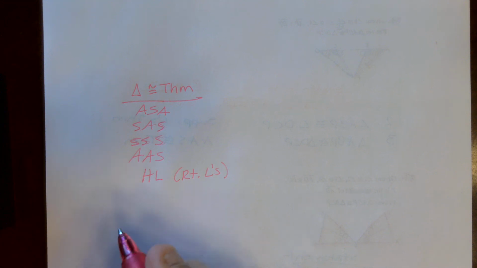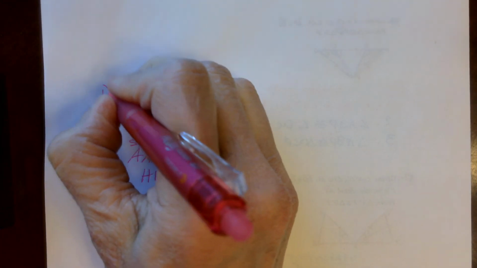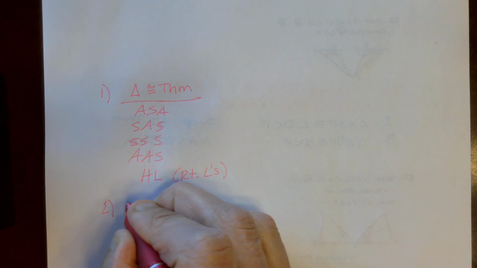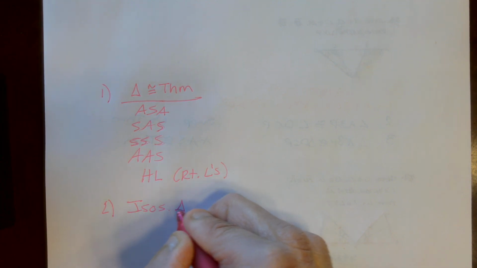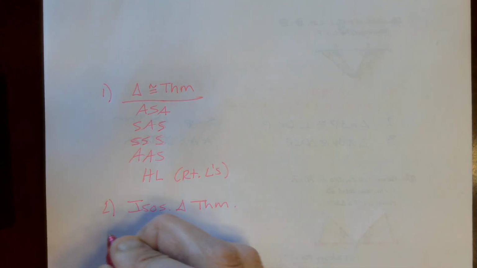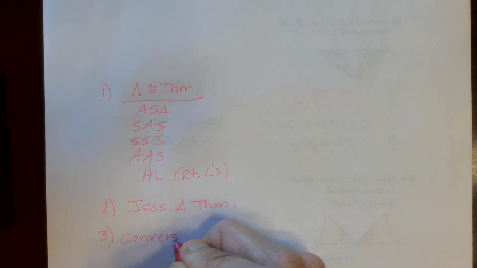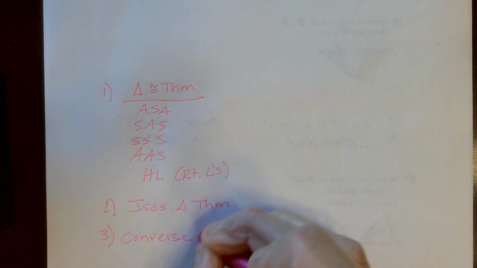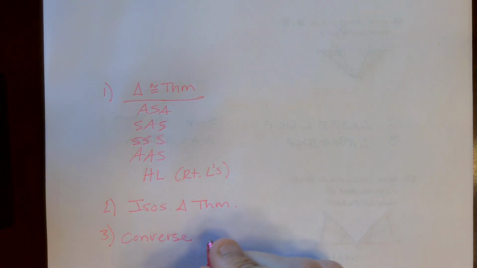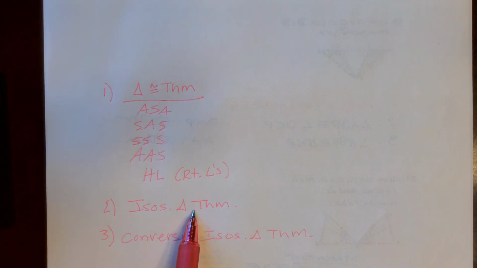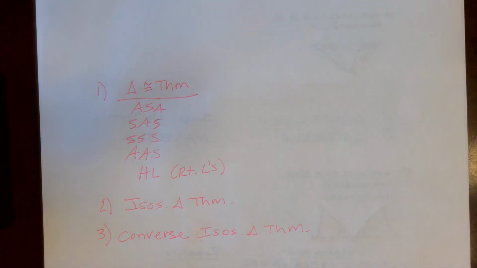Here you also have those theorems, and then you have the isosceles triangle theorem. And you have the converse of the isosceles triangle theorem. I'm not going to put the picture, but you guys need to know which is which. This is where you have the two sides, and you conclude the angles. This is where you have the two angles, and you conclude the sides.